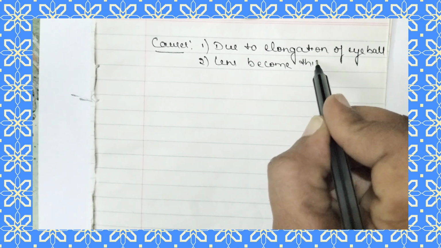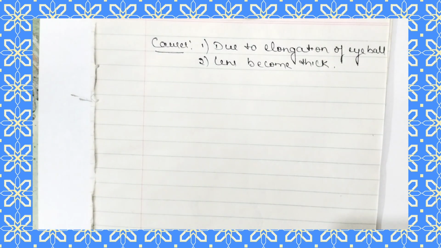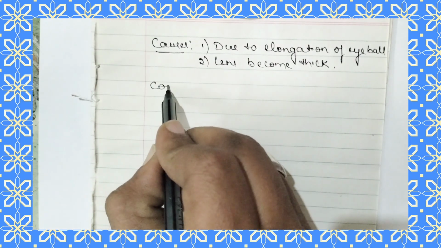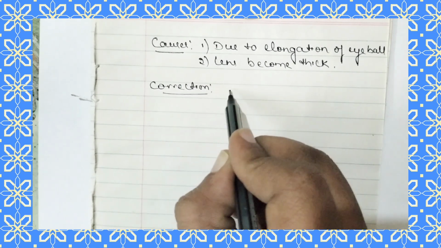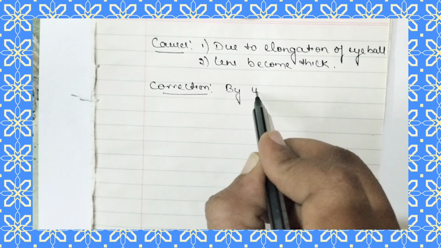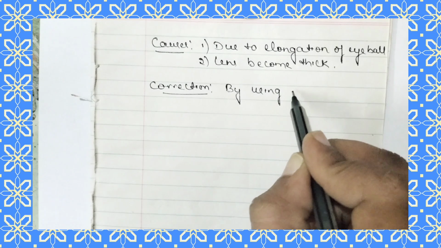Due to the lens becoming thick, myopia will be caused. Then how to correct it? Correction: how to correct myopia? By using a concave lens.